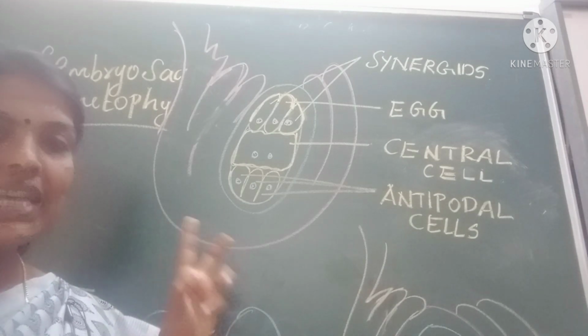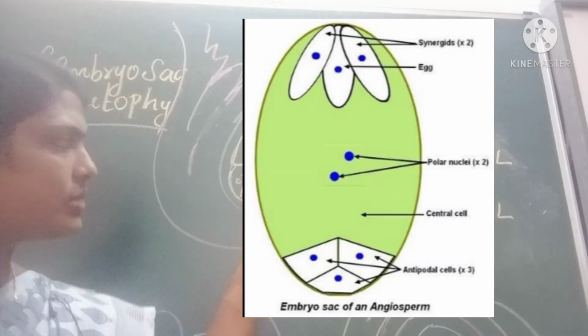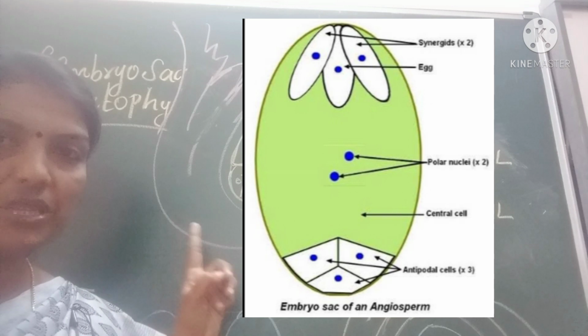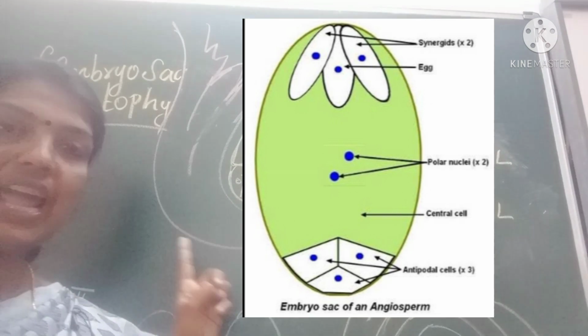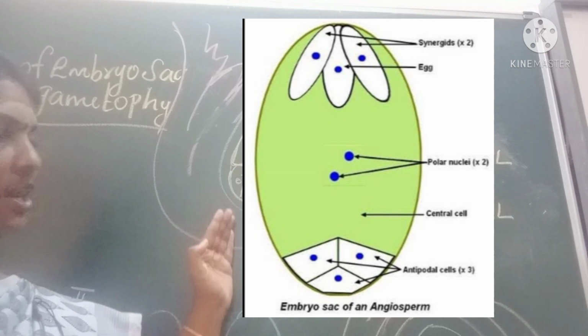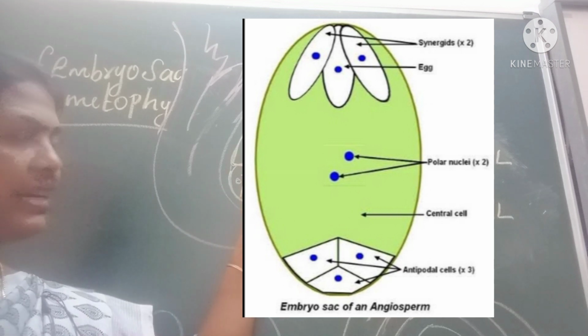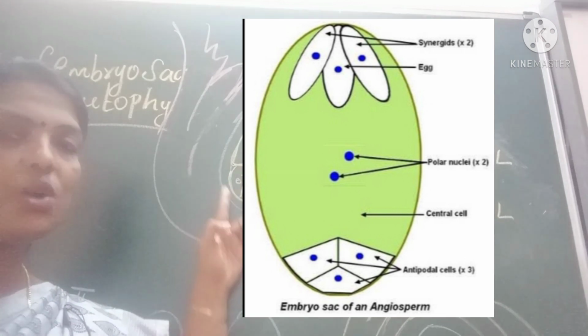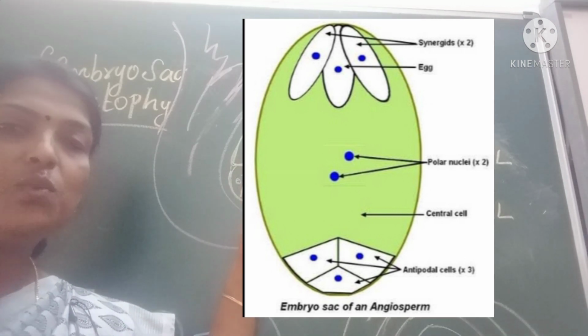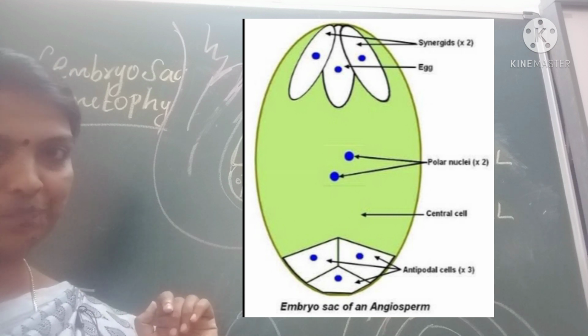So this is the structure of the embryo sac, which consists of how many cells? 7 cells and how many nuclei? 8 nuclei. So this is the structure of the 7-celled, 8 nucleate embryo sac, and the formation of the 7-celled 8 nucleate embryo sac.